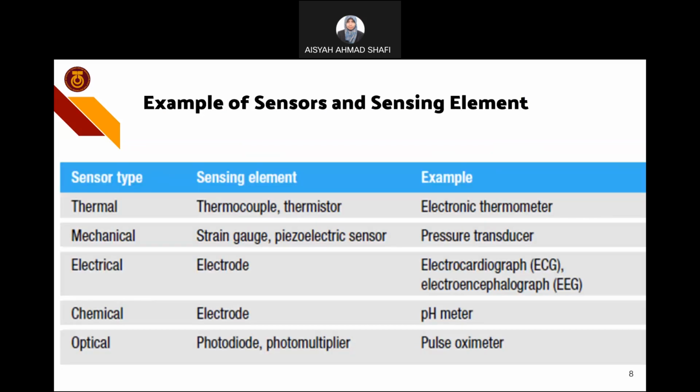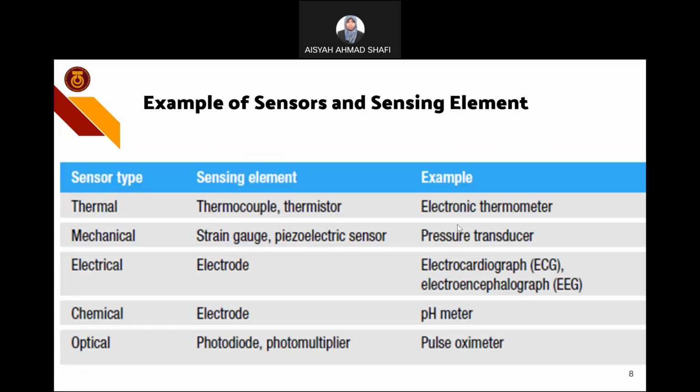Okay, these are some examples of sensors and sensing elements. The sensor type is thermal. The sensing elements that you use are, for example, thermocouple and thermistor.